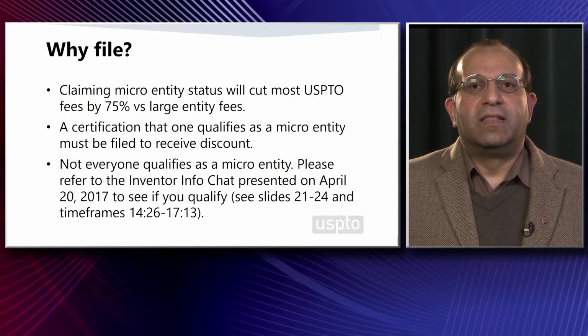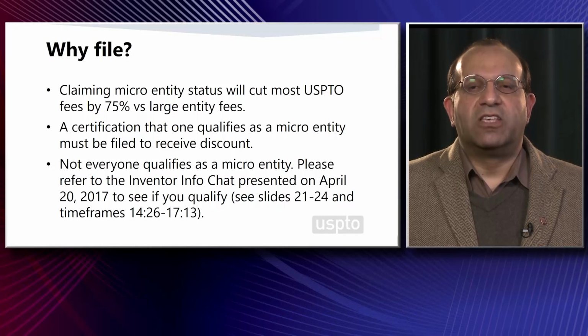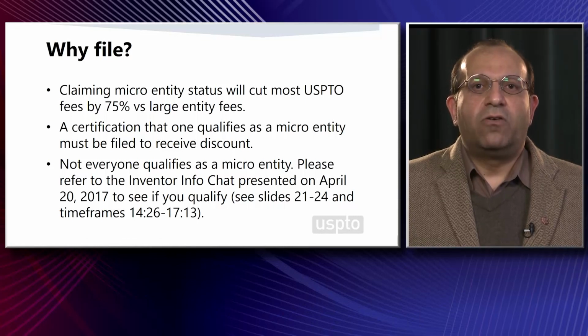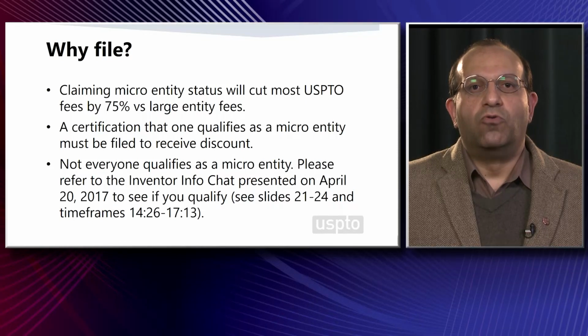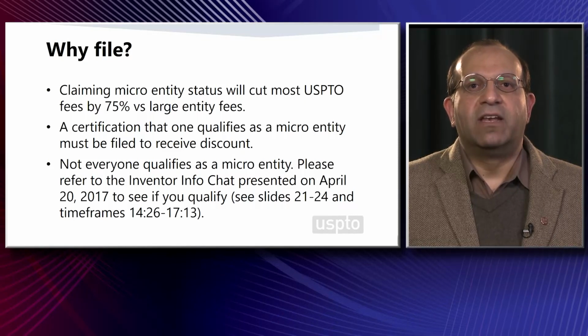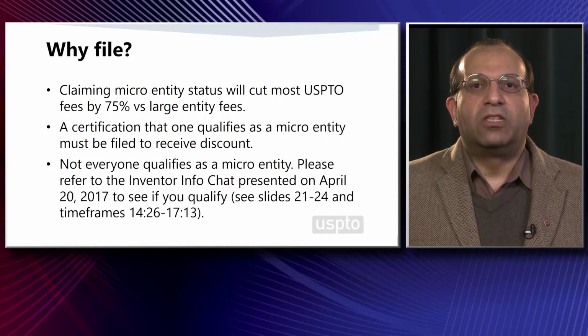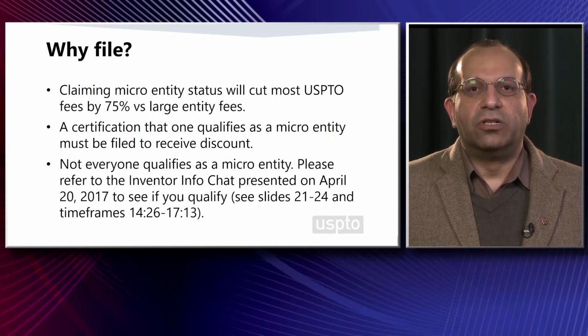It is noted that not everyone qualifies as a microentity, and a microentity status form should only be filled by applicants who qualify. This video focuses on how to fill out the certification of microentity status form based on gross income, and does not discuss the qualifications for microentity status.